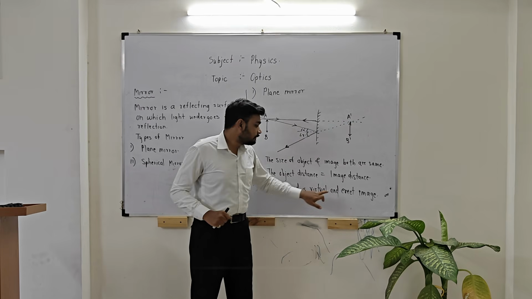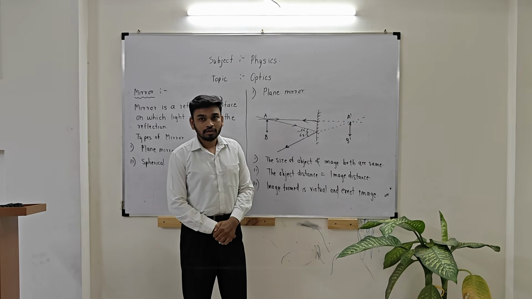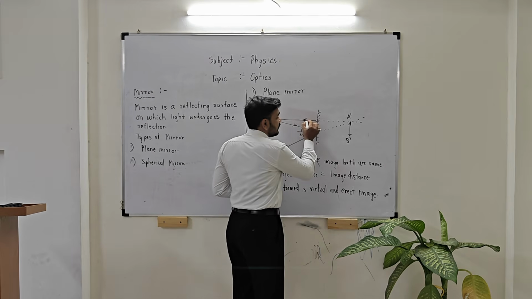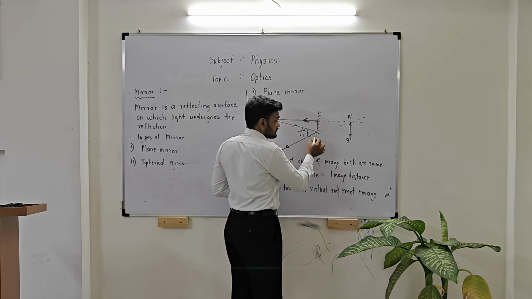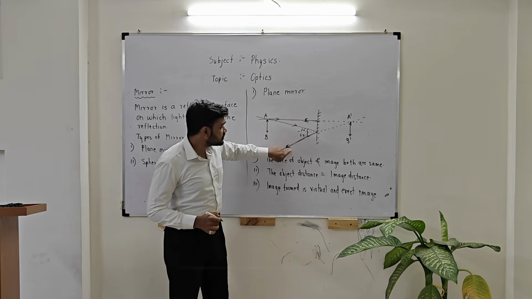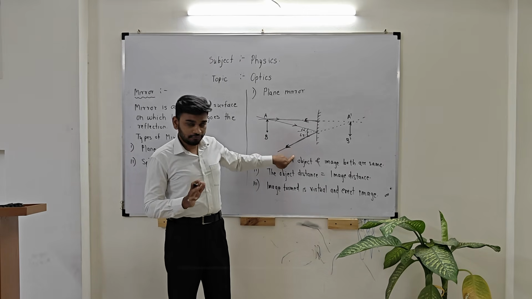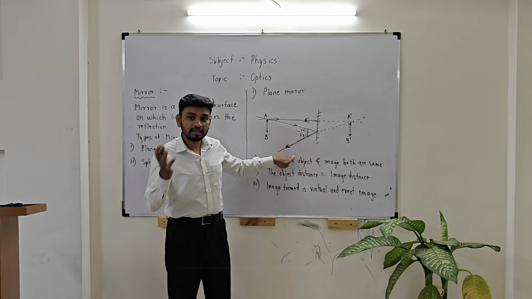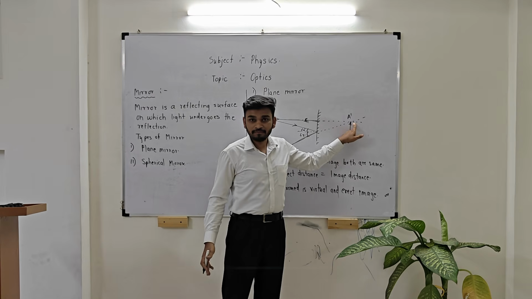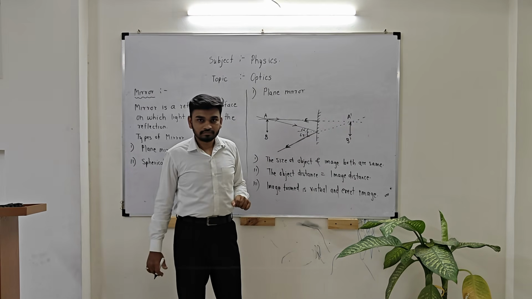In this condition, a virtual image is formed. If the real parts of the light rays met, then a real image would be formed. But that is not going to happen here. The apparent part is meeting here, then the image is formed. That's why it's a virtual image.